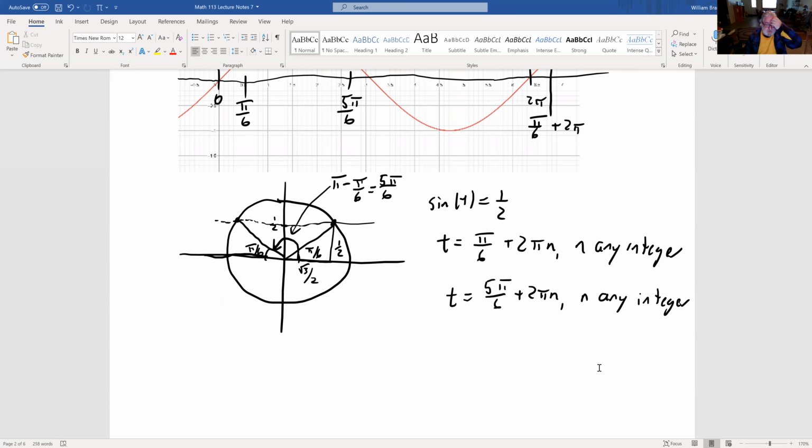So if you take n equal to 100, pi over 6 plus 200 pi is a solution, because pi over 6 plus 200 pi means go pi over 6 up here and then go around the circle 100 times, and then you end up here. So sine of pi over 6 plus 200 pi is 1/2. So when you have sine equals to a number, there's going to be two solutions, one on the right side of the circle and one on the left side of the circle.